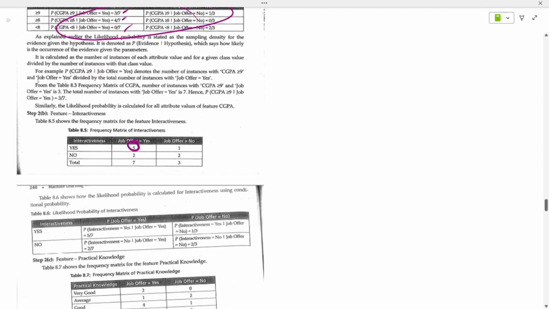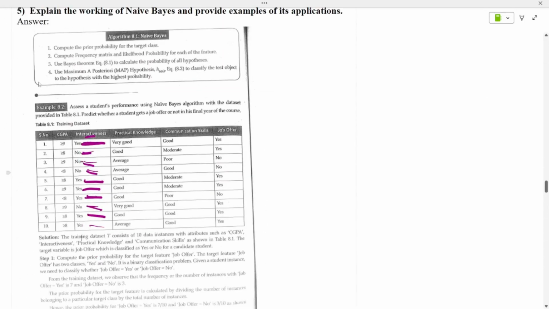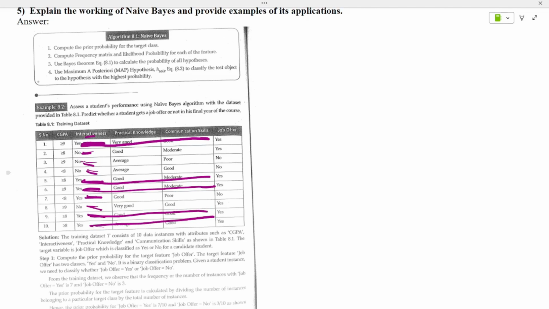Okay, 4. Sorry, what I am trying to say is, you have to check interactiveness yes with job offer yes, and so on. So it became 1, 2, 3, 4 and 5, that is 5 out of 7.